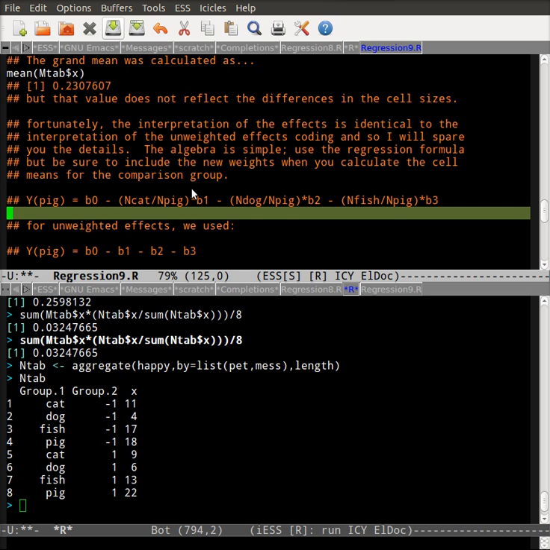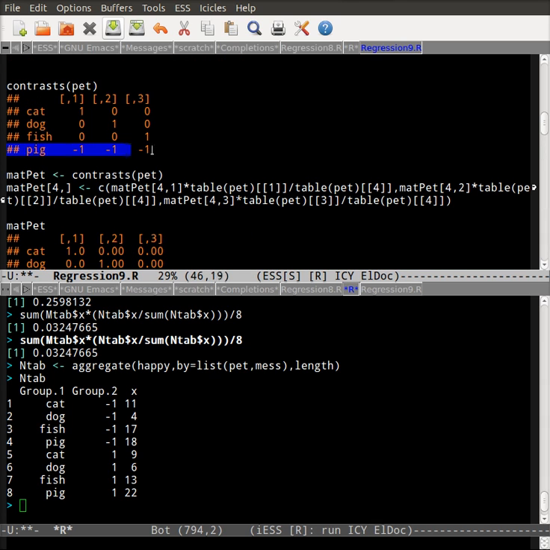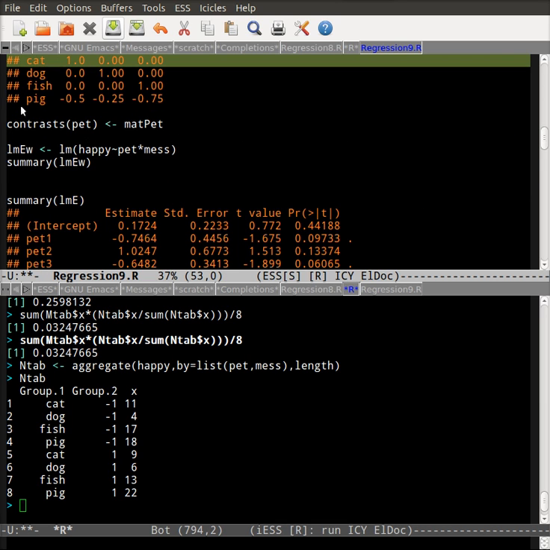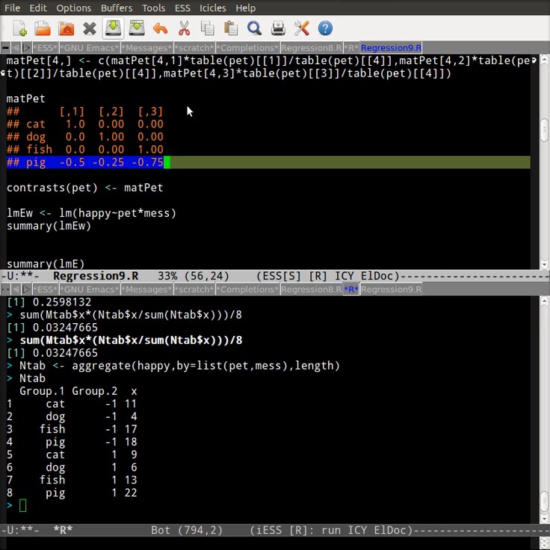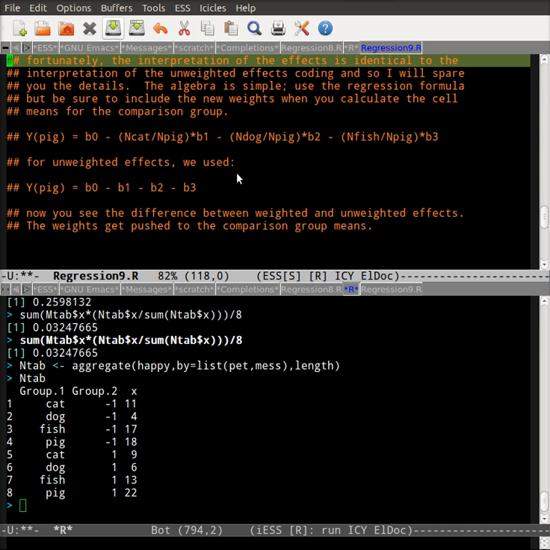Remember that pig is our comparison group. If I go back up here to our effects codes, here we've got pig is -1. And remember that what we did was we weighted pig according to the sample size, the cell size differences. Now when we're going to calculate the expected value for pig as a main effect, we're going to calculate it the same way we've calculated all of the other effects for this comparison.